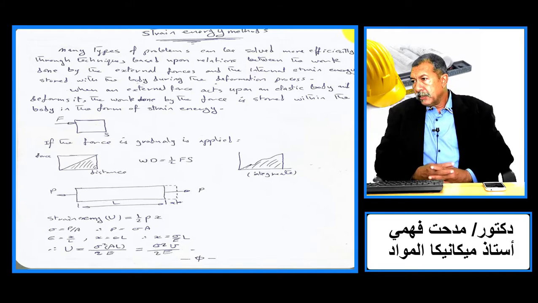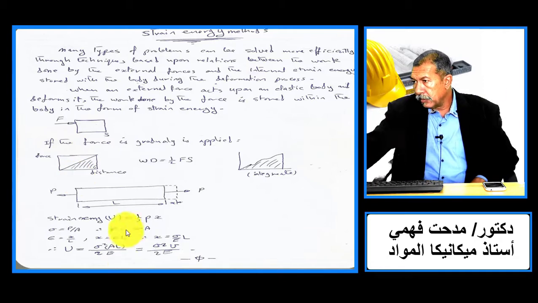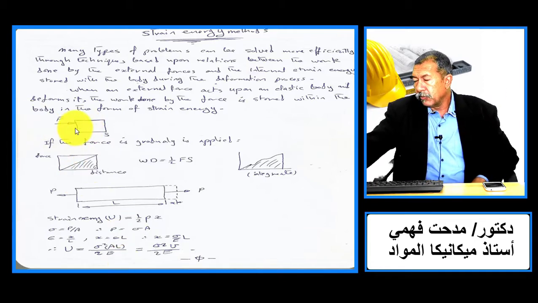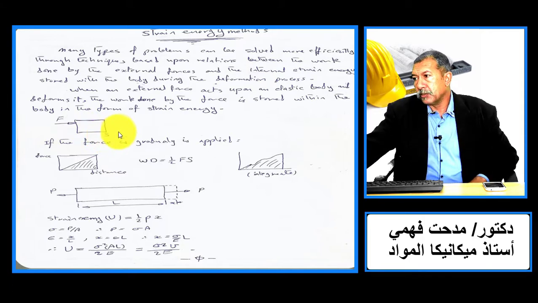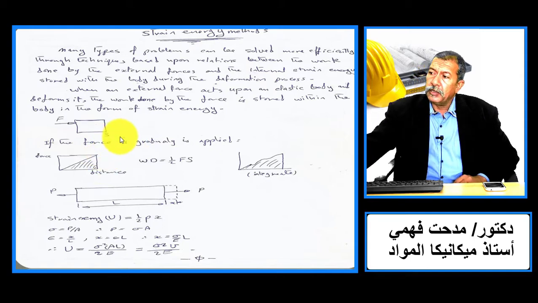So if we look here for the work done, for example, if we have a force and a distance of x meters or s somewhere, this is a work done for a path.